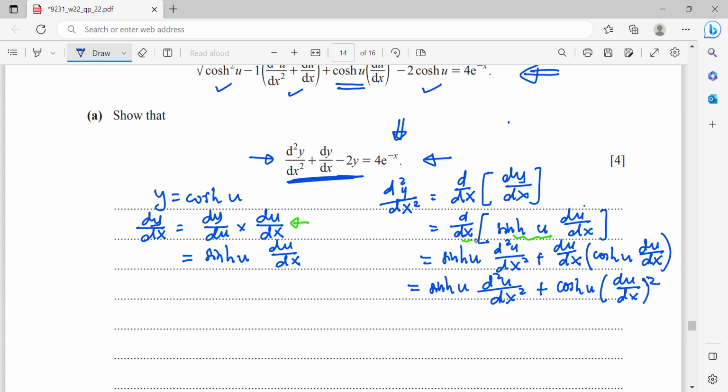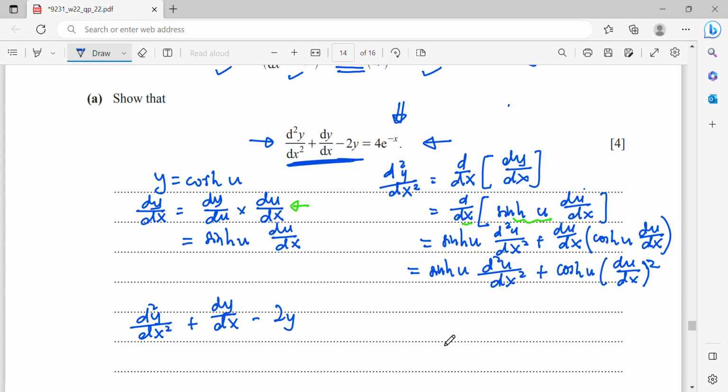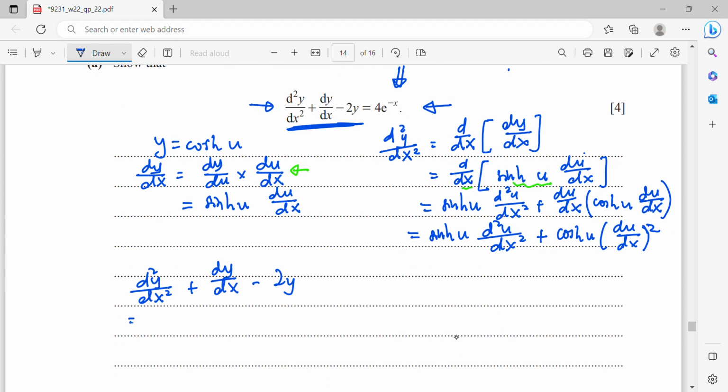So now d²y/dx² + dy/dx - 2y equals, okay, replace: sin u d²u/dx² plus cos u (du/dx)². That will be the expression for the second derivative, d²y/dx². Now, dy/dx will be -sin u du/dx.